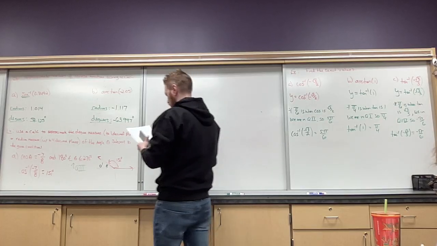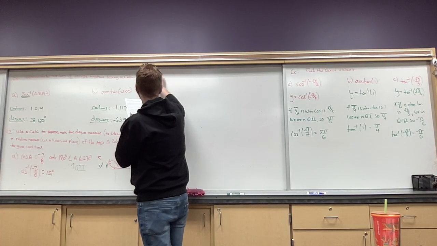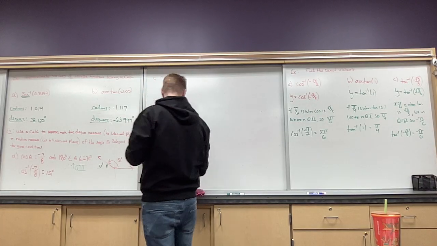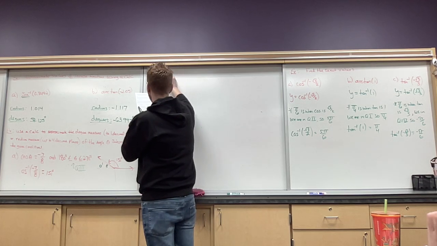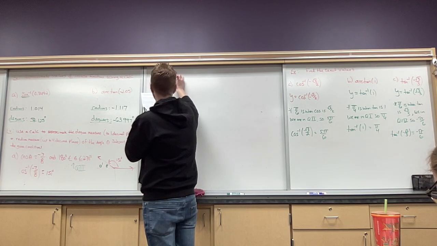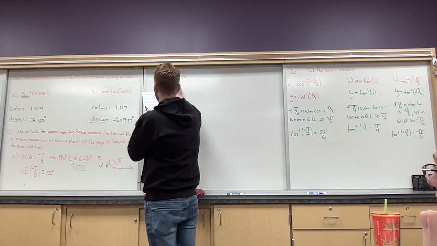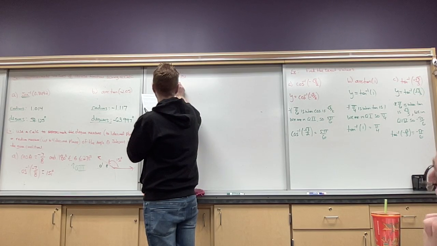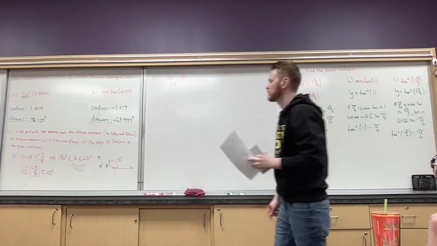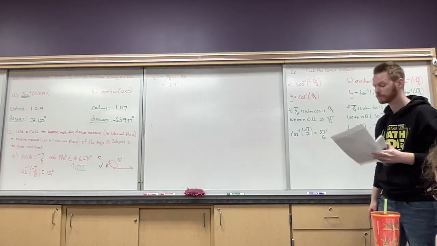So to find theta prime, I will do 180 minus the 151 that we did, and we get 29 degrees. So my reference angle is 29 degrees.